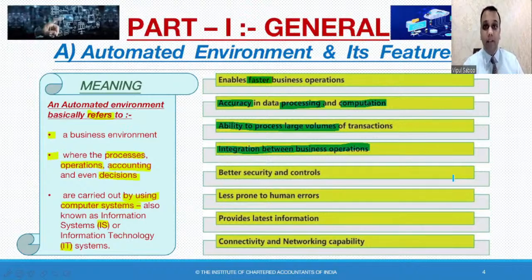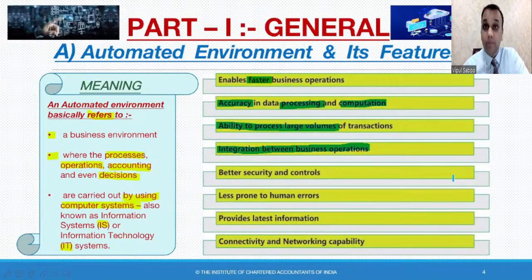In the same manner, if data is maintained at one place, or it is interlinked between various departments of a company, the business operations will definitely get integrated. The purchase department has issued a memo for requirement of certain material.